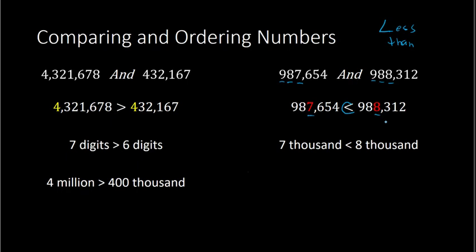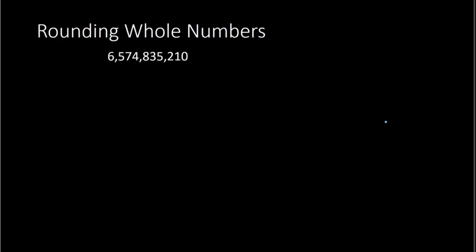Now lastly, we're going to finish with rounding whole numbers. So here is a number, and we are going to learn how to round whole numbers. When we say round, what we're trying to do is see what number it's closest to. And we can do this different ways depending on what number or what place value we're concerned with.